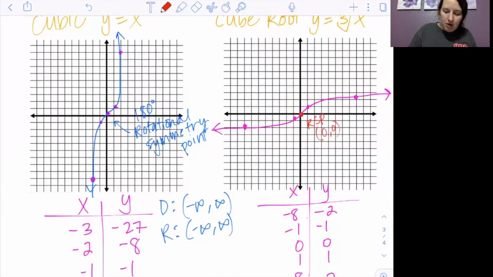You hear that more in pre-calculus, but it is good to know different names of things that you already know. If you know about a rotational symmetry point and someone refers to it as a point of inflection, rather than not knowing what they're talking about, you can relate it to your term rotational symmetry point. So here are your two parent functions, the cubic and the cube root.